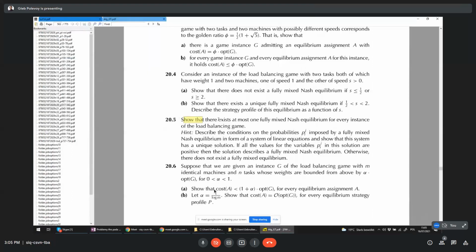Do you see it? Yes. They want to show that there exists at most one fully mixed Nash equilibrium for any instance of load balancing game. For the case of identical machines, we know that's the case. There exists exactly one. We know which one, and we showed it's the only one. Now, for any instance, there exists at most one.